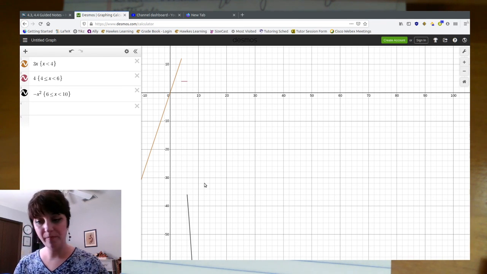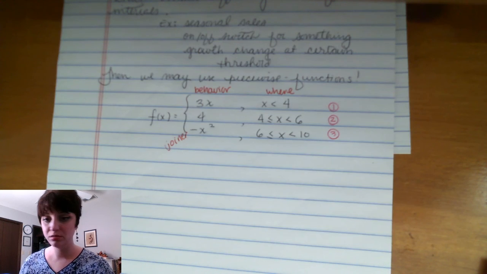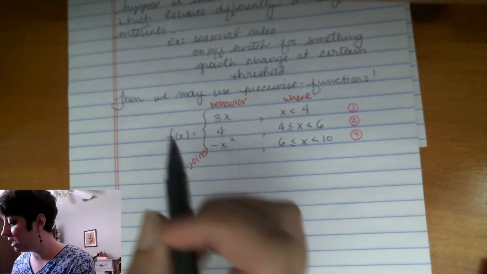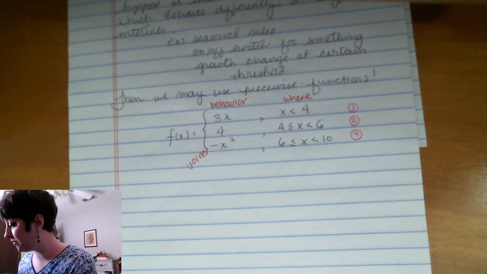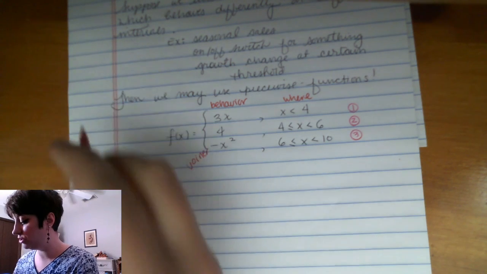Okay, so evaluating piecewise. My suggestion is figure out the region, and then you use that definition.